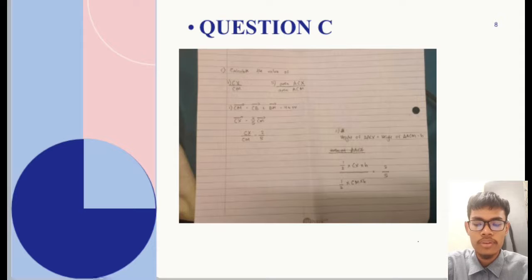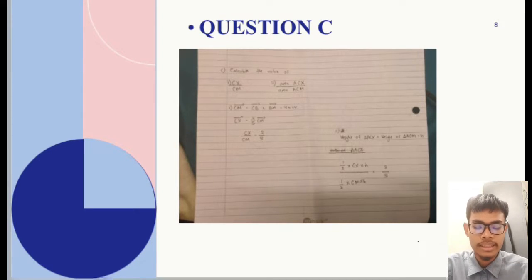For part C, we have two questions, that is CS per CM and area of ACS per area of ACM. For the first question, vector CM equals vector CB plus vector BM, which is equal to 4u plus v. So, vector CS is equal to 2 per 5 vector CM, and that is CS per CM is equal to 2 per 5.